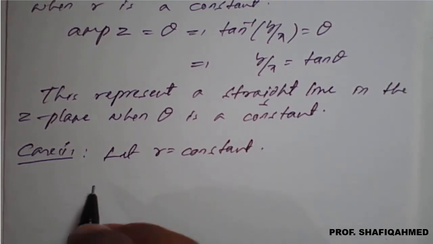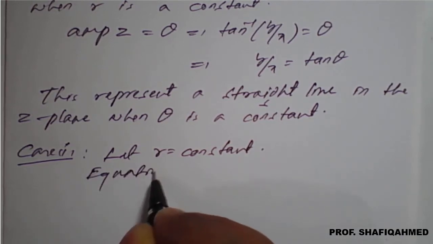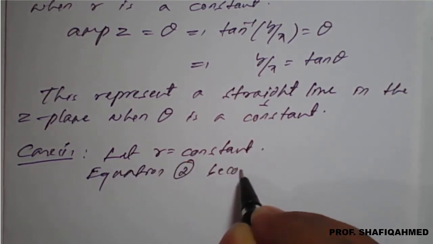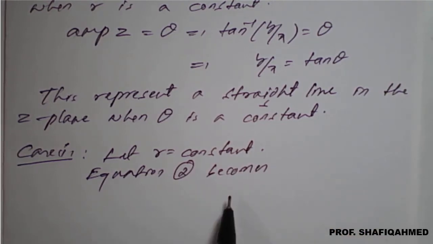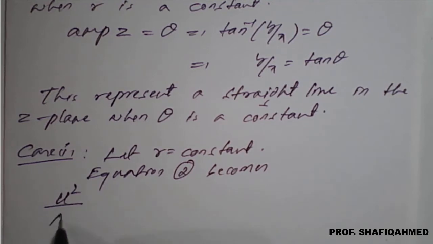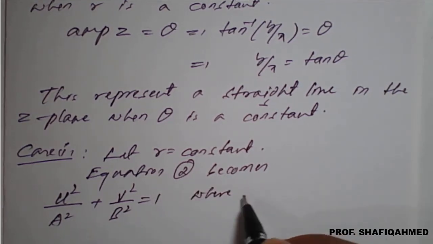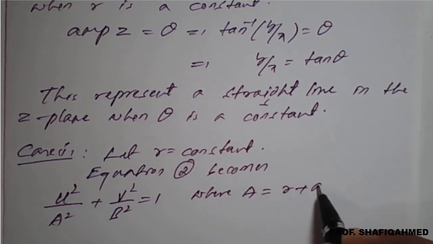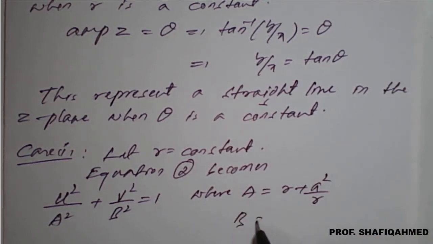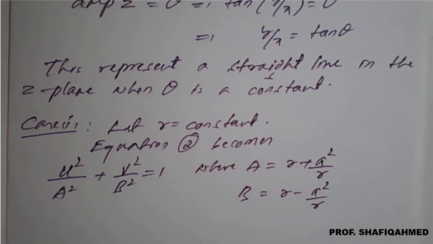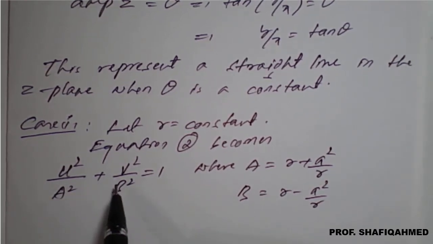So therefore equation 2 becomes, if you put r constant, u square upon capital A square plus v square divided by capital B square is equal to 1, where capital A is r plus a square upon r, and capital B is r minus a square upon r. So sorry, this is an ellipse here, not a parabola.